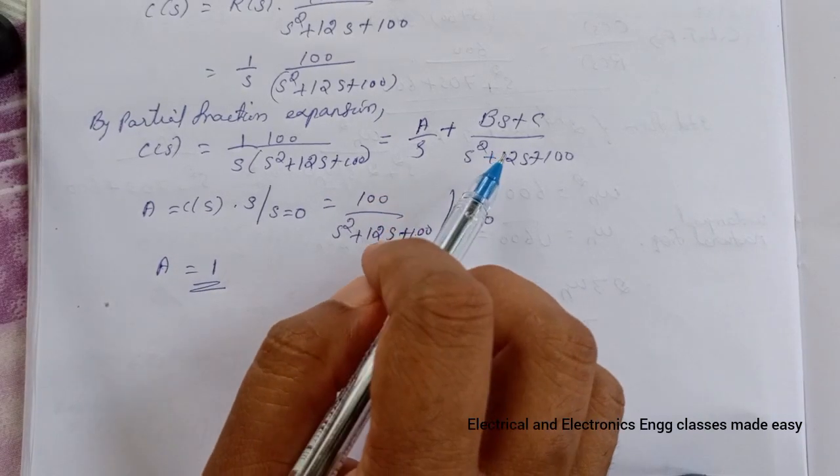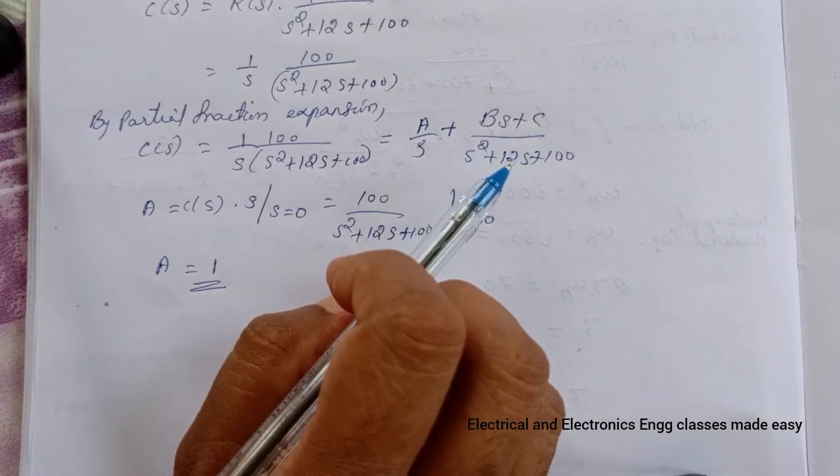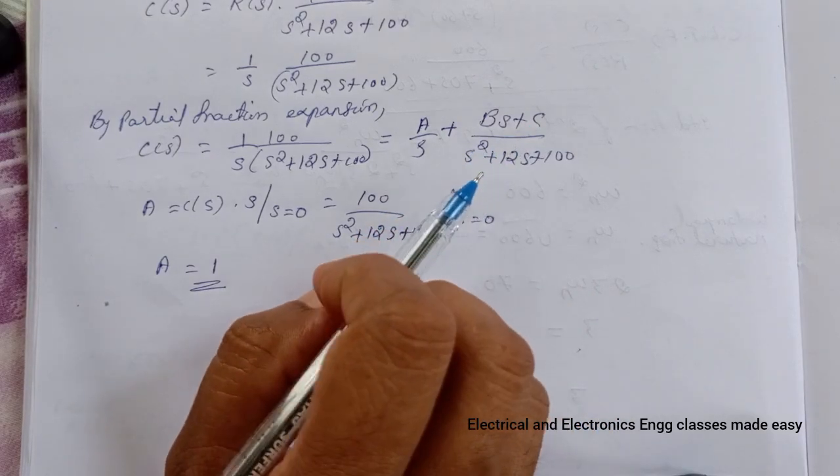Now to get the values of B and C, we have to cross multiply.